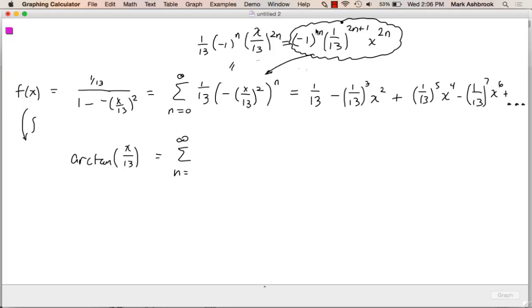All this stuff will just come along. This is with respect to x, so this is all constant; we'll keep it along for the ride. And then what's the antiderivative of x to the 2n? x to the 2n plus 1 over 2n plus 1.